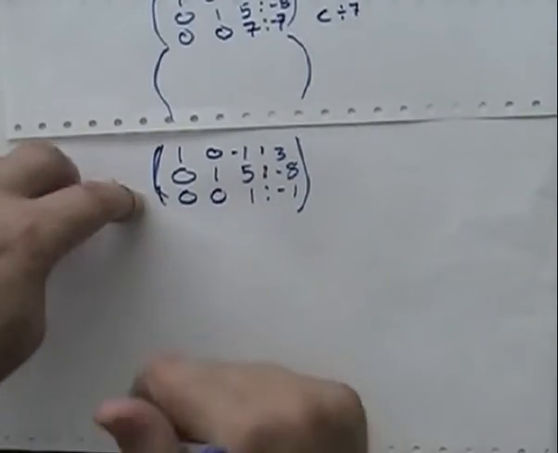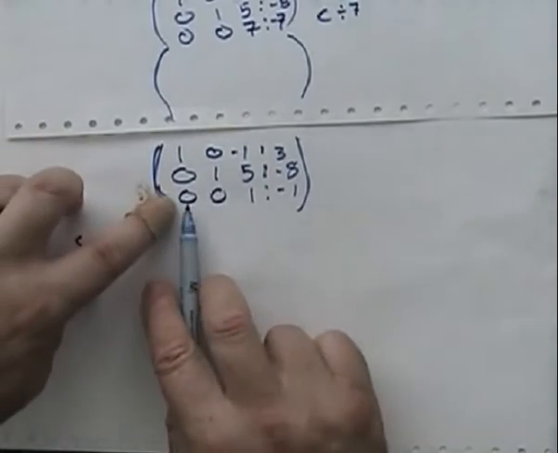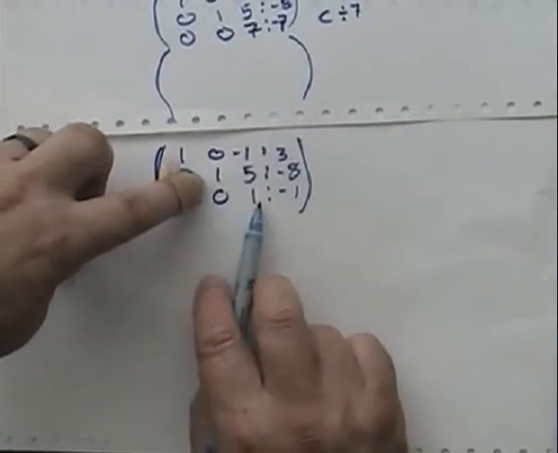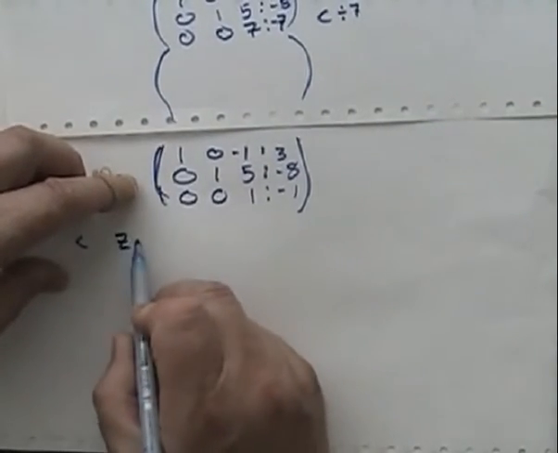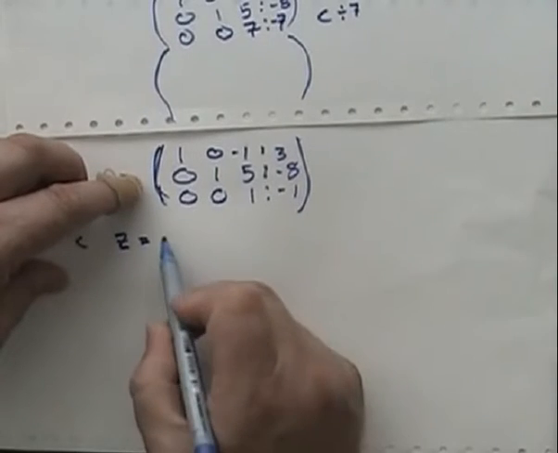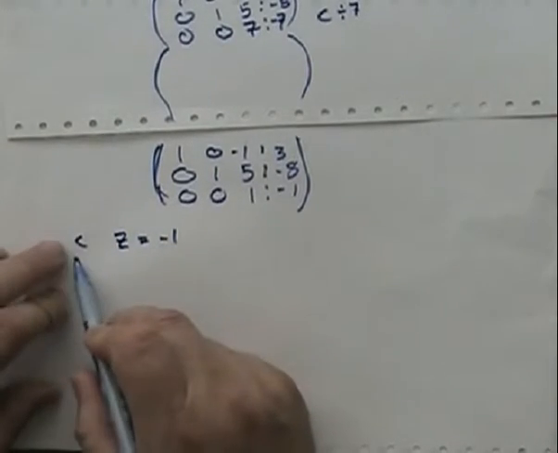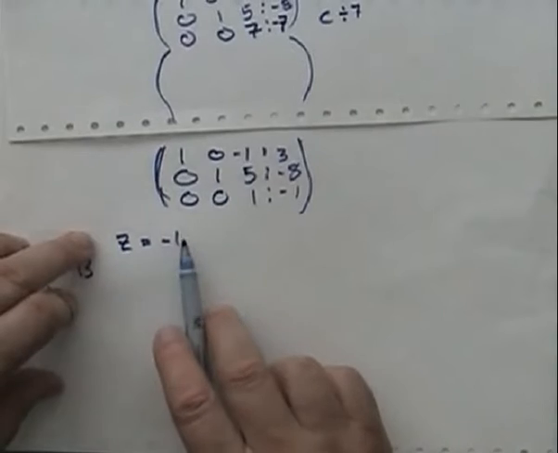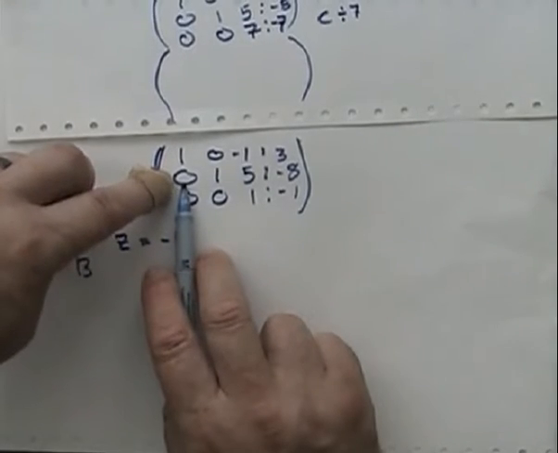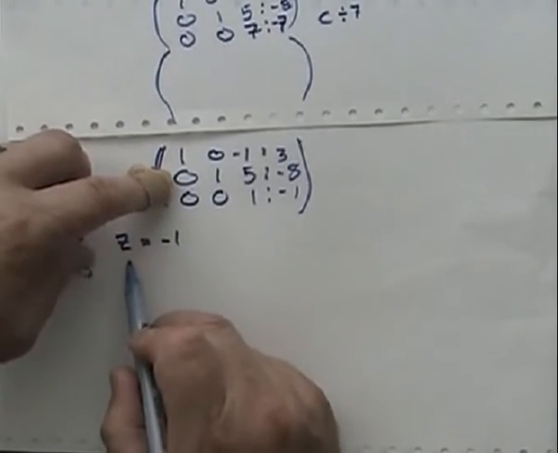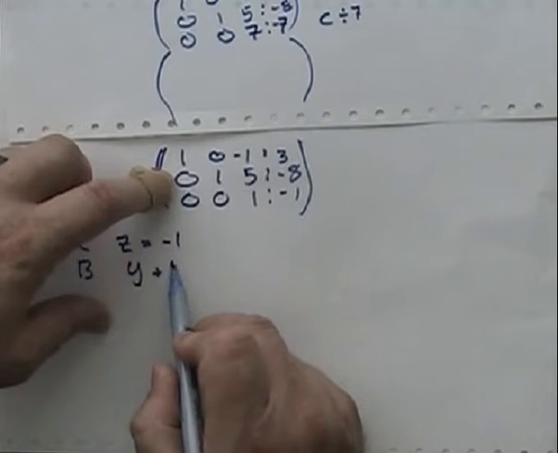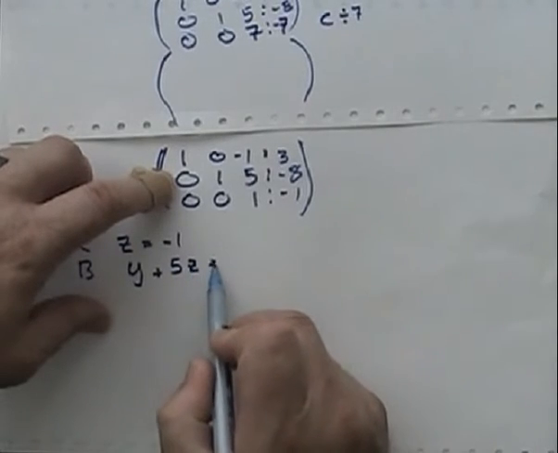Remember, these are simultaneous equations. This row here, C, tells us 0 x's, 0 y's, 1 z is equal to minus 1. Row B, now we've got a value for z. B tells us 0 x's plus y plus 5z equals negative 8.